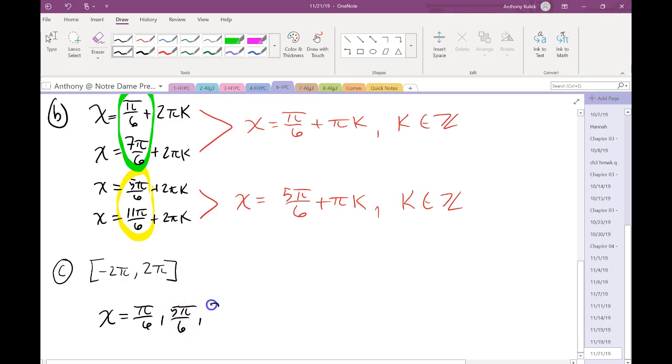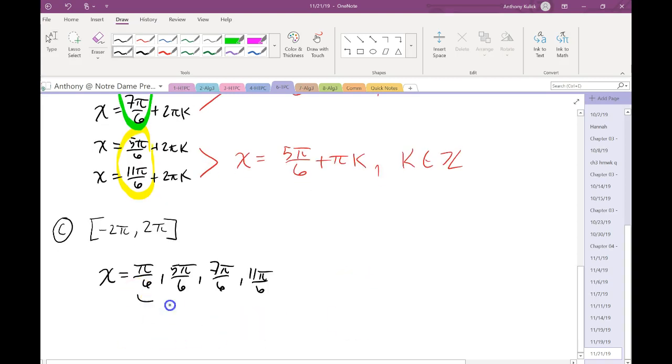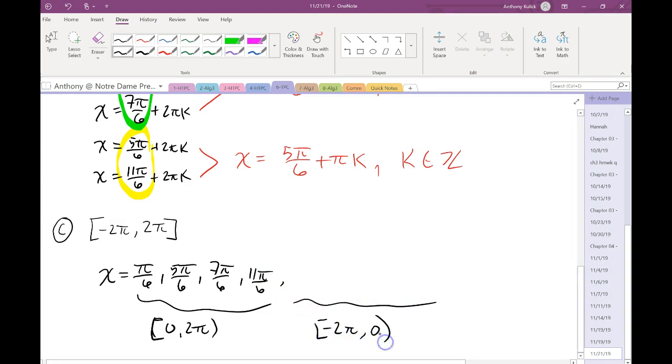We know these 4 answers from the previous part are good. Those are all of our answers from 0 to 2 pi, which is still going to cover part of that answer that we're looking for. Now what we need to do is figure out the answers between negative 2 pi and 0.